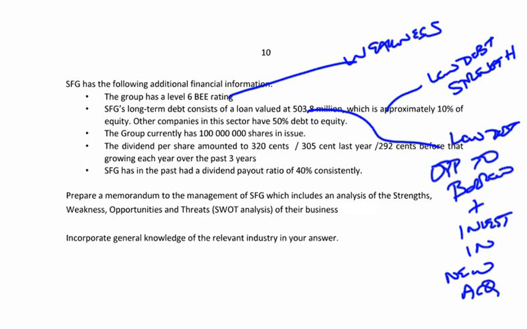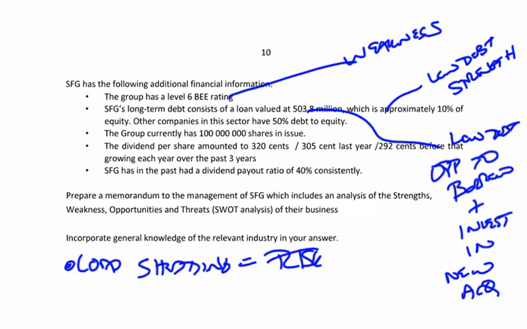General knowledge, what am I going to put in for general knowledge? Load shedding is going to be the big risk. So it's got to be a weakness or a threat. Is it internal or external? It's external, so we're going to treat it as a threat.